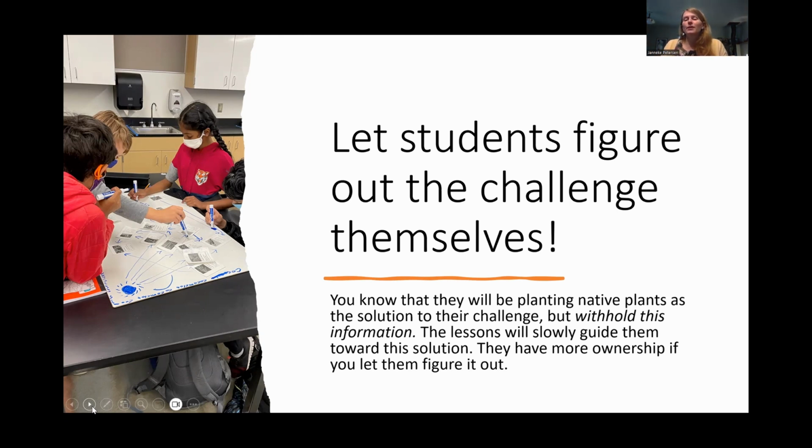You want to let them figure it out themselves. So you know, as the teacher, that students are going to be planting native plants as the solution to their challenge, but withhold this information. The lessons are going to slowly guide students toward the solution, and they're going to have more ownership if you let them figure it out.